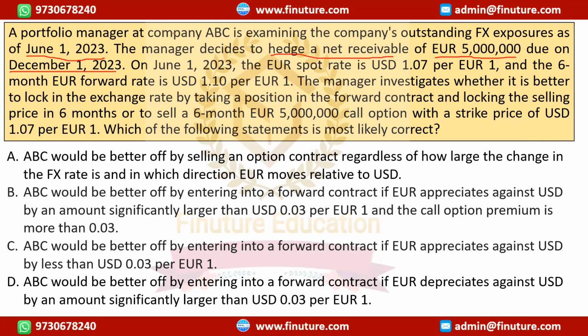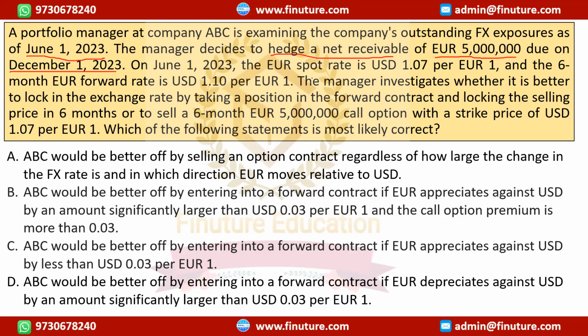So this portfolio manager is afraid that, think of this as an asset that you are going to receive 6 months down the line. If the value of this asset goes down, then you end up making losses. So he wants to hedge that loss. He wants to hedge this receivable of euro 5 million. That's the problem statement for the portfolio manager.